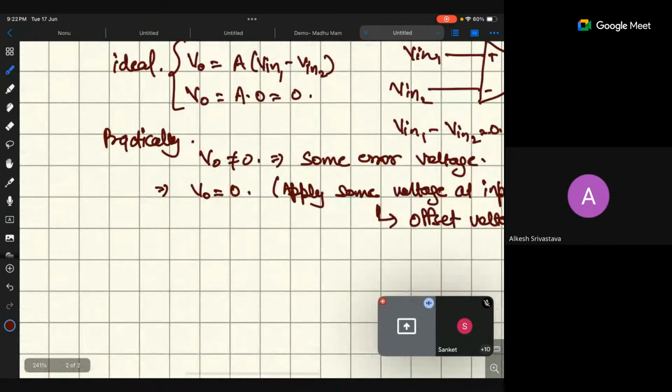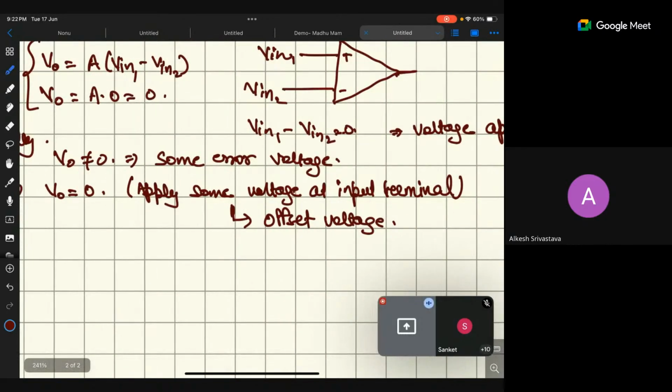Okay. Now how do we check what the offset voltage is? We have to decide whether to apply the offset voltage in positive or in negative. That will be decided on the basis of the output voltage. So V out is A times V in 1 minus V in 2.